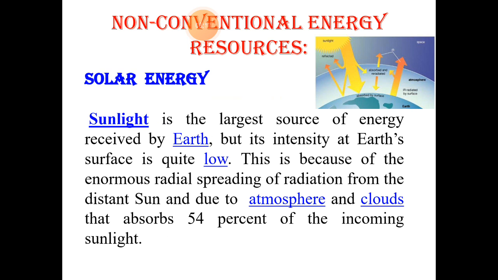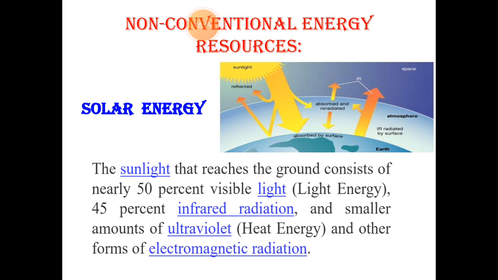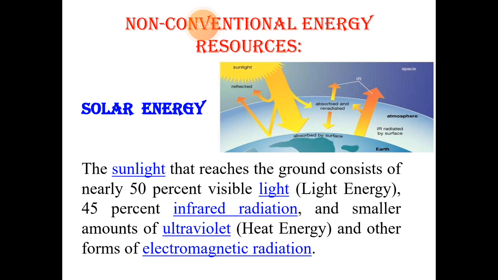Of the 54%, 50% corresponds to the visible light or the VIBGR, and the rest 45% forms the infrared and ultraviolet radiations, and whatever is left out forms the electromagnetic radiations. VIBGR or the visible light forms the light energy, and infrared or ultraviolet radiations form the heat energy.